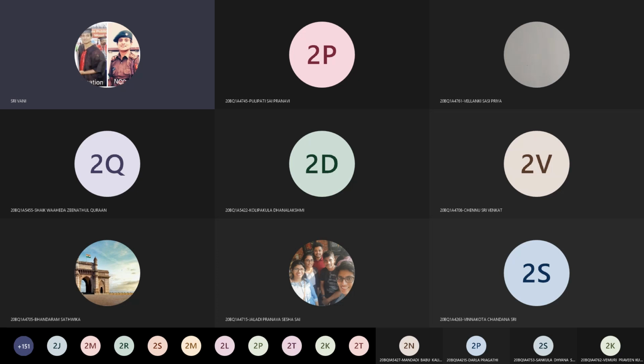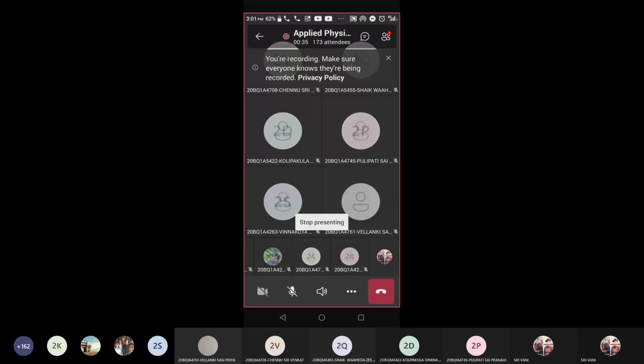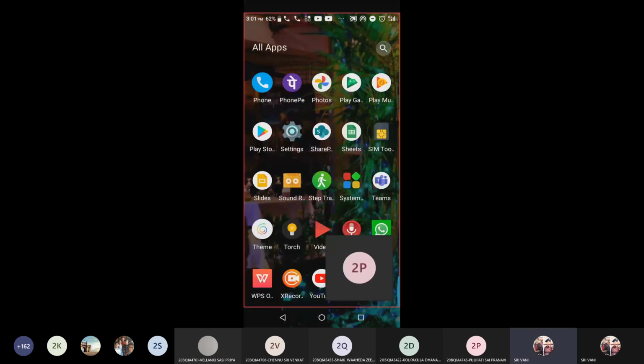Write down the experiments. First one, compound pendulum. Second one, torsional pendulum.